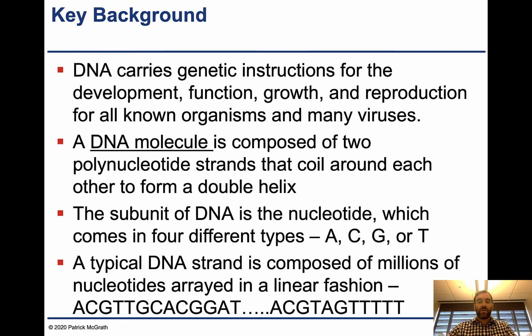A DNA molecule is composed of two polynucleotide strands that coil around each other to form a double helix. A nucleotide is the basic subunit of a DNA strand, and there are 4 different types, A, C, G, or T, which are covalently bonded together in succession to create a single DNA strand.